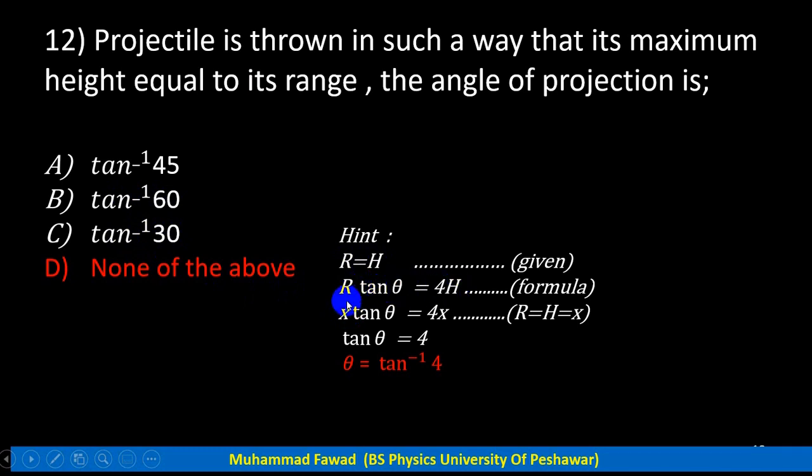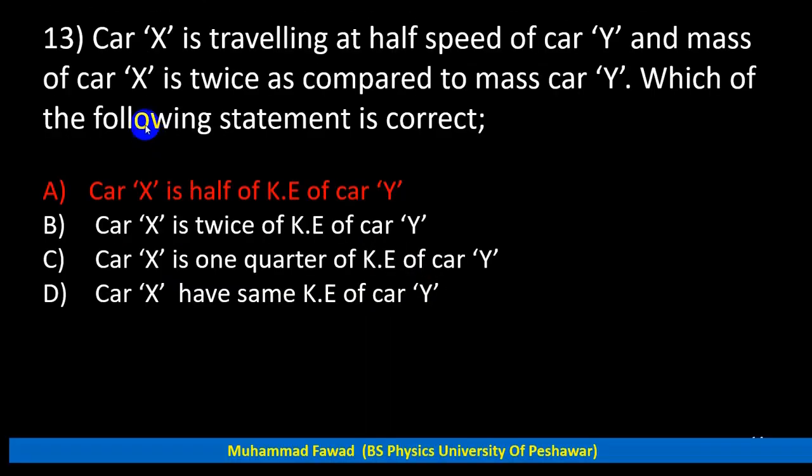We write x instead of r, and also write x instead of h, because r and h both are equal. Therefore, tangent theta will be equal to 4, and theta will be equal to tangent inverse 4. Here the correct option is none of the above.